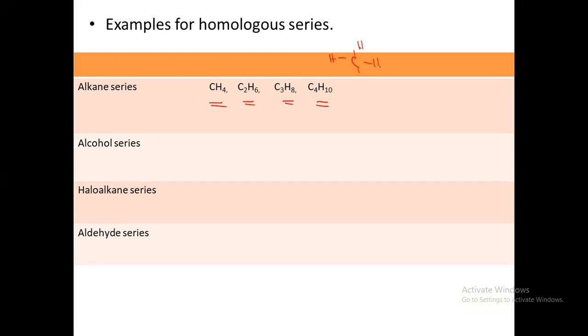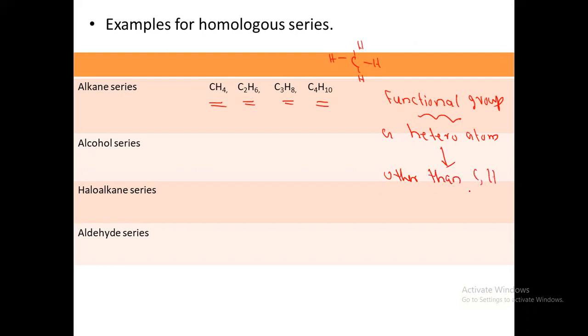In a functional group, some other atom comes in other than carbon and hydrogen. So what is a functional group? A functional group means any group containing a heteroatom, an atom other than carbon and hydrogen.